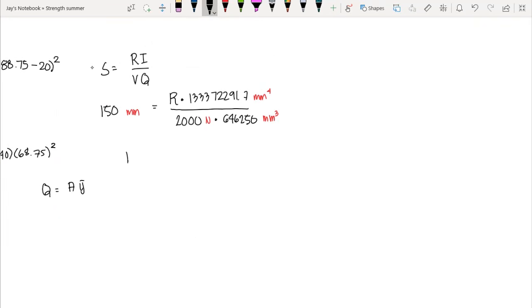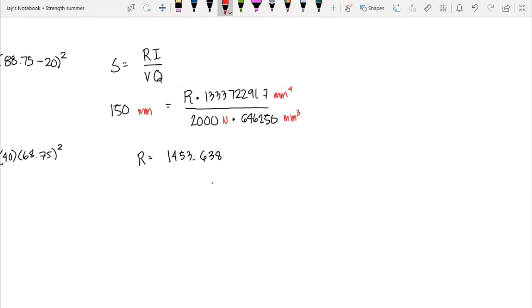So we have our R. By further simplifying this equation, we can compute for the value of R equal to 1453.638. Since we can cancel out the units, the remaining would be Newton.